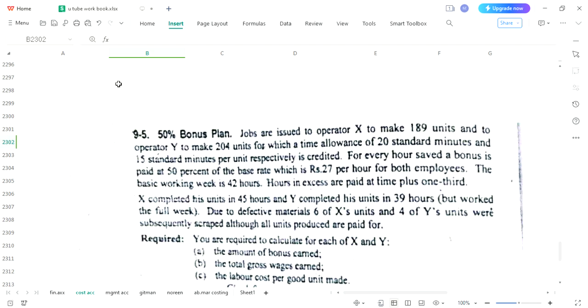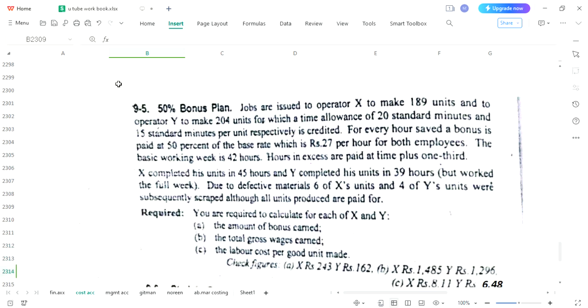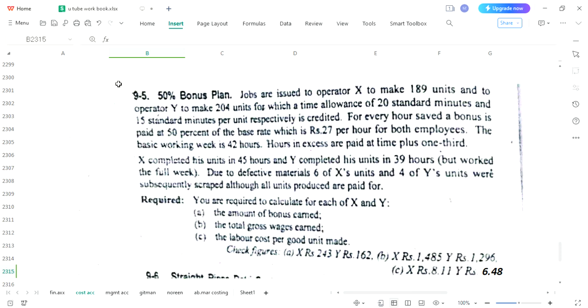And here these concepts would also be used. Primarily, you need to look at the appearance of the question, though the volume is not so large. It's a simple question, apparently. I can see there are two workers, operator X and operator Y. So you will calculate wages for operator X and operator Y separately.